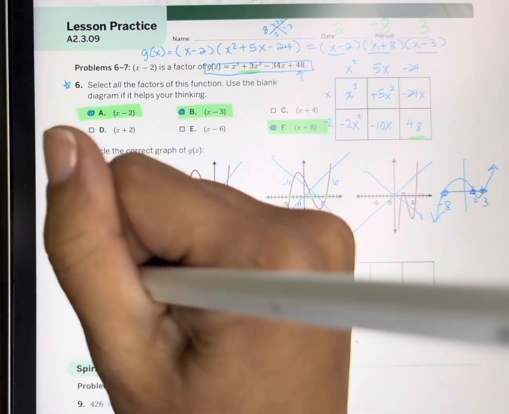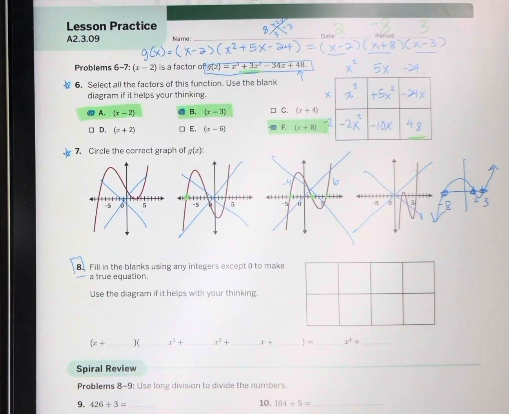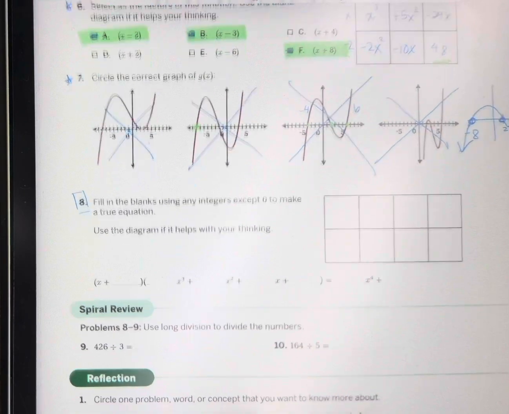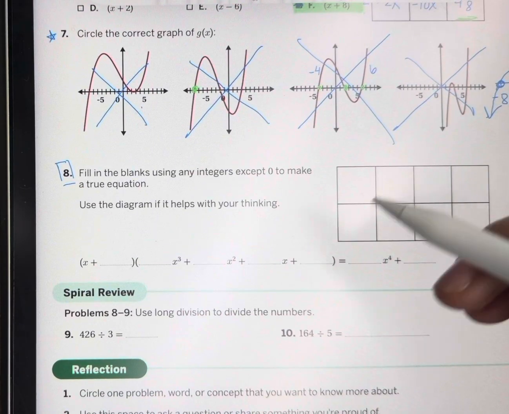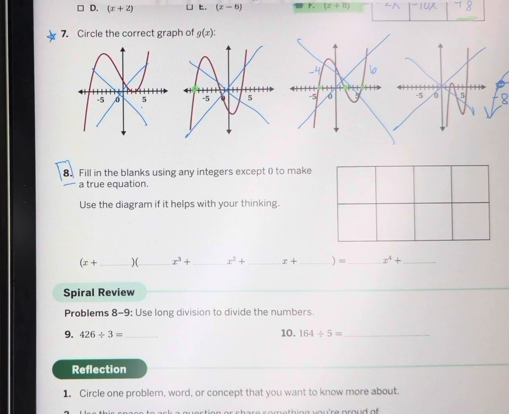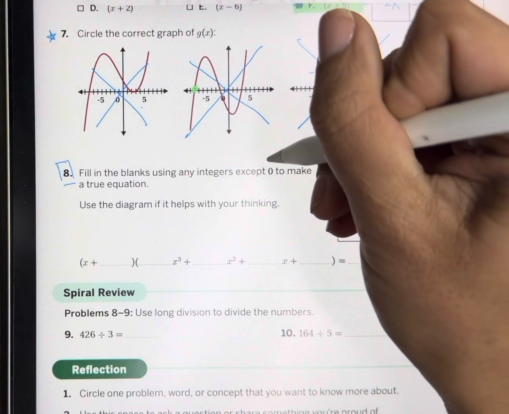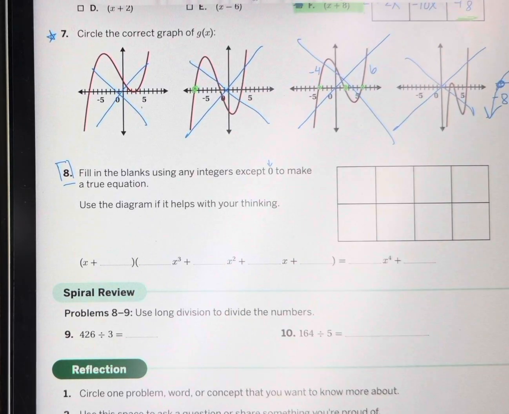Okay, this is that crazy question, right? The critical thinking one right before the spiral review. Here's what they want. They want me to use the box and fill in numbers, whatever numbers I want, just not 0. So, okay.